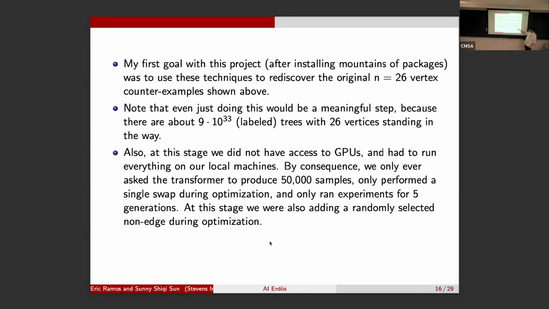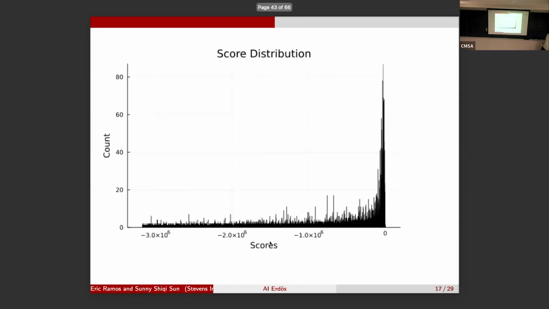Also, at this stage the non-edge during optimization was added literally at random. So choose a non-edge at random, and that's how optimization was being done. So our early tries looked like this.